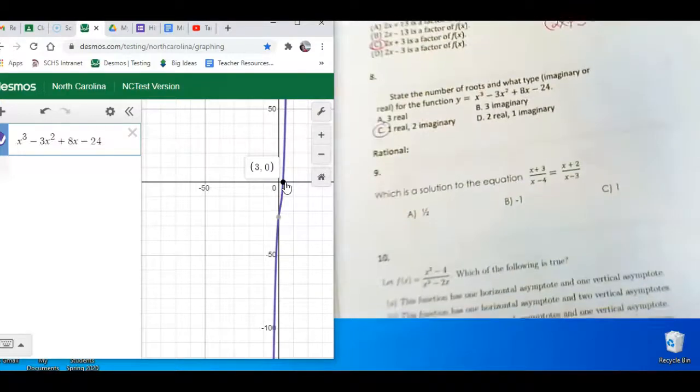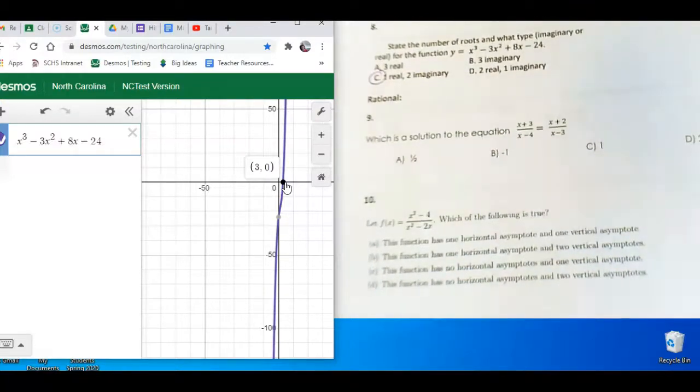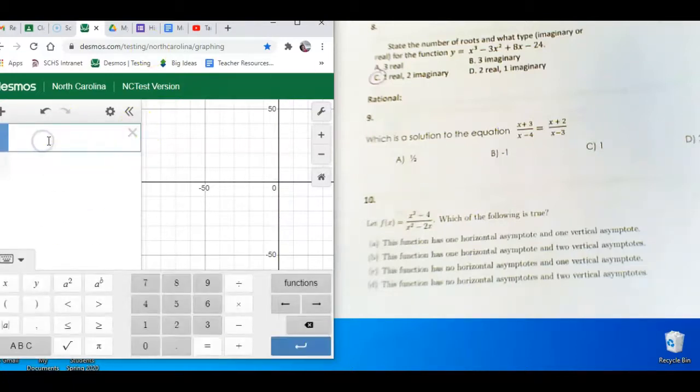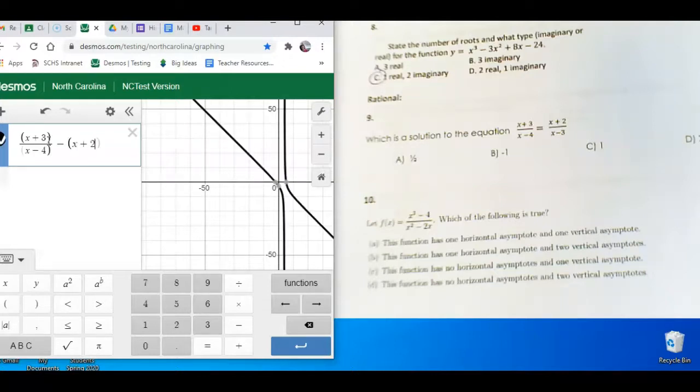All right, number 9, we want to solve the equation. You can take those choices and plug them in and see which one works. What we have done to solve this is put it into Desmos and move everything to one side. Remember, you subtract it.